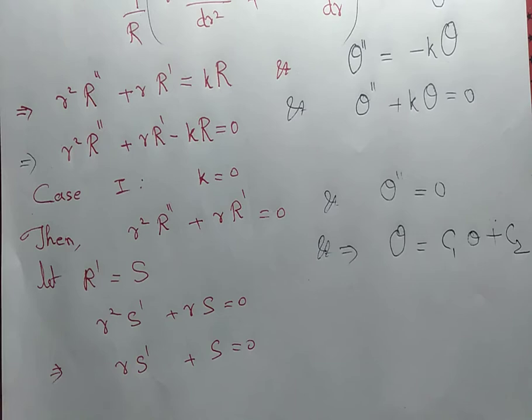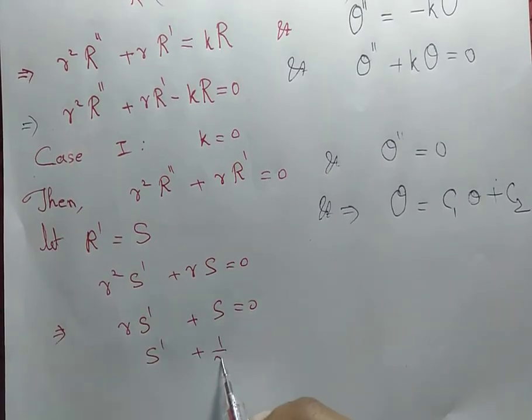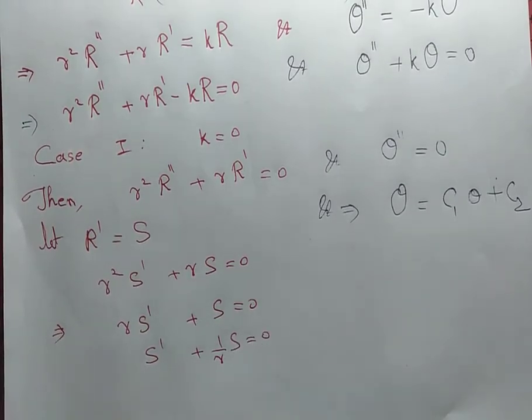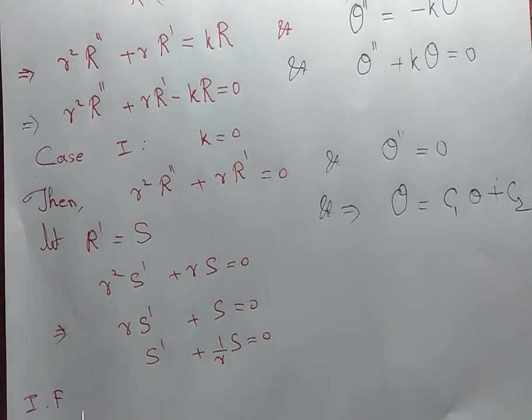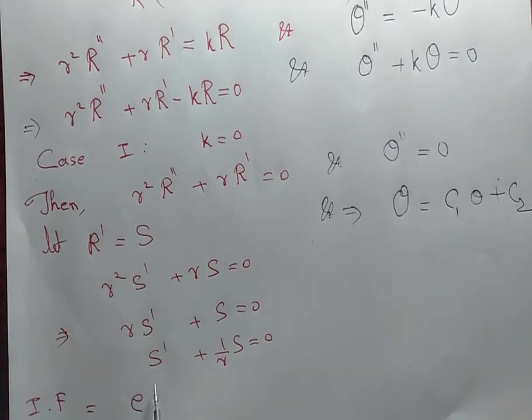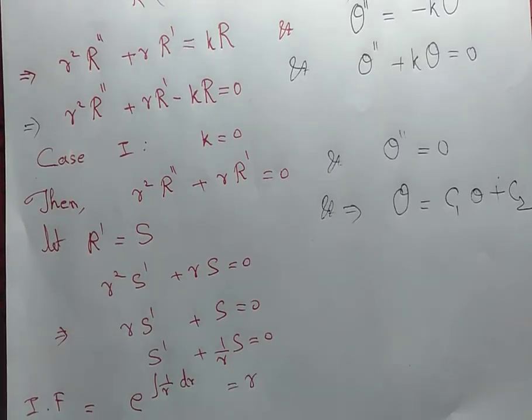Now that's a first order differential equation. We have the standard form. So your integrating factor here is e to the power integral of 1 by r dr. That's just r.